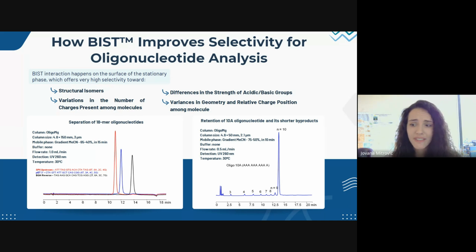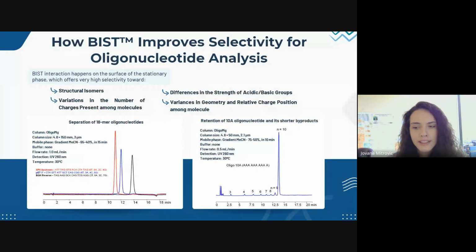On the right, we see a separation of 10A oligonucleotide, a sequence made of 10 adenines, and its shorter byproducts, which can appear during synthesis. And despite the close similarity, the OligoMG column resolves the full-length product from these shorter fragments using, again, a very simple, straightforward gradient from 75% acetonitrile to 50% acetonitrile in the mobile phase.